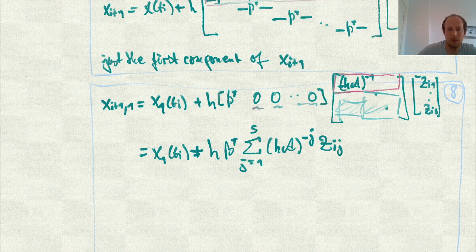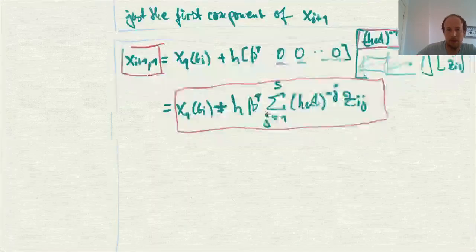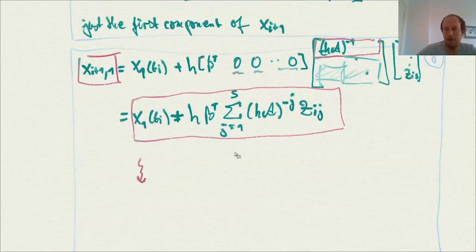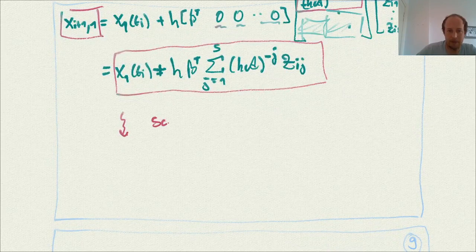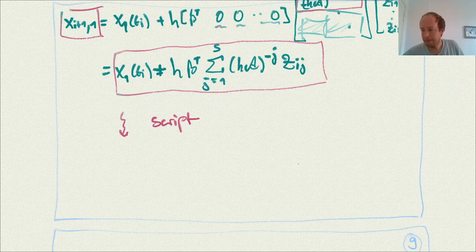Okay, and that's how one gets to this expression of the first component of the numerical error. And then, well, what follows is see the script. Okay. With that, we are done with the proof.